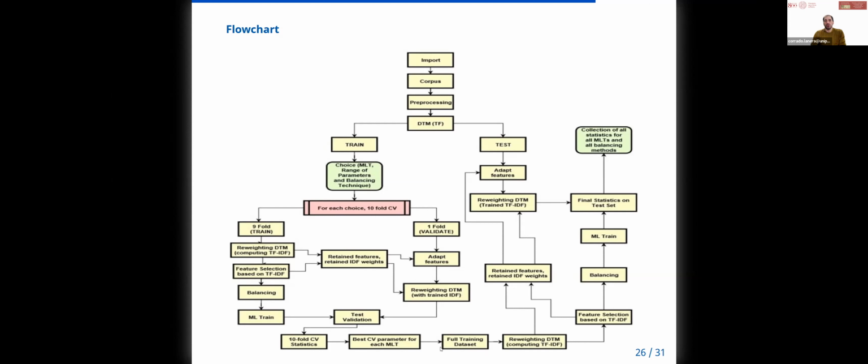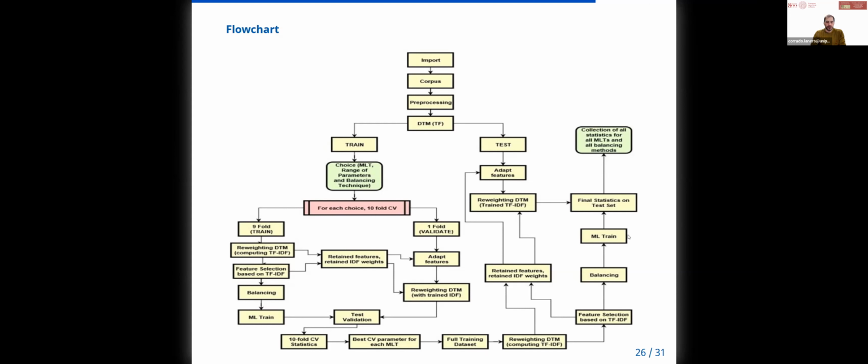Next, we use those parameters, with that technique and with that balancing technique, to retrain everything with all the data, because in the validation phase you don't use all your records, so you are underusing your information, and we apply our final trained system to clinicaltrials.gov.